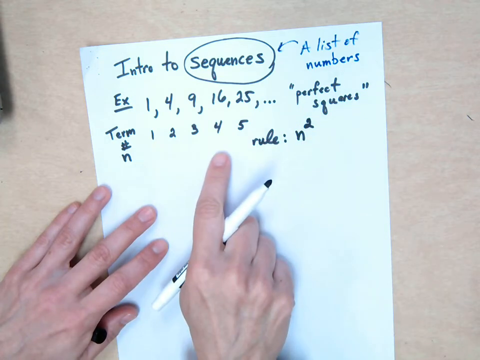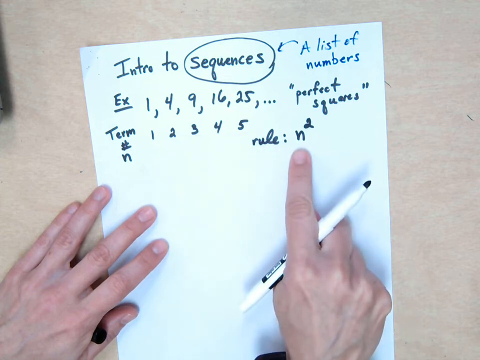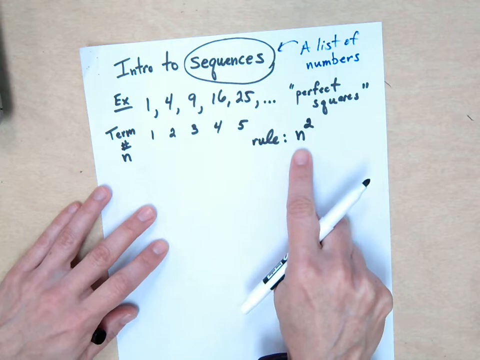If I wanted, for example, the 10th term in this sequence, I could plug in 10 for n and say 10 squared is 100.